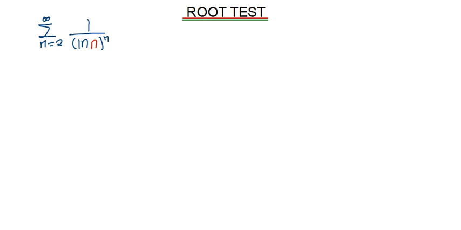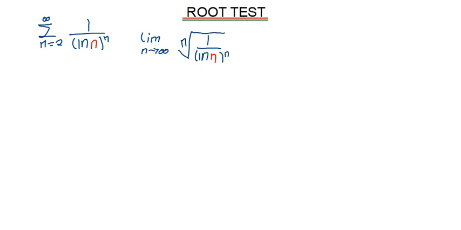What we're going to do here is take the limit as n approaches infinity of the nth root. I'm not saying square root, I'm saying nth root. So you have your n here, and 1 divided by the natural log of n, to the power n.